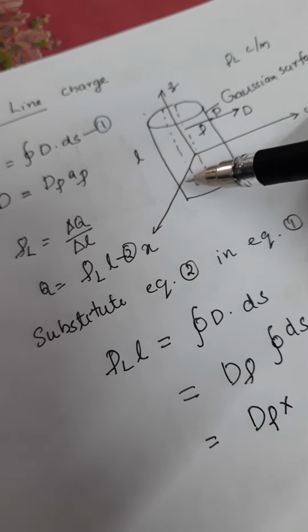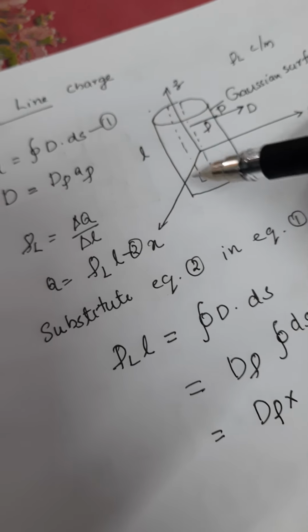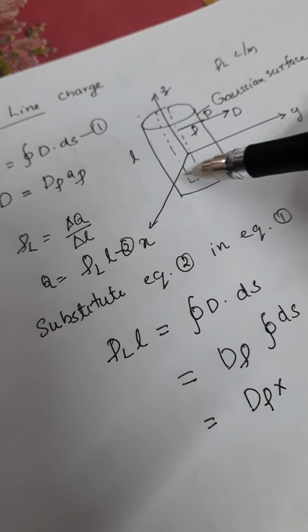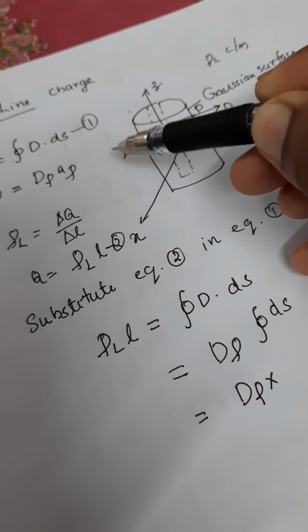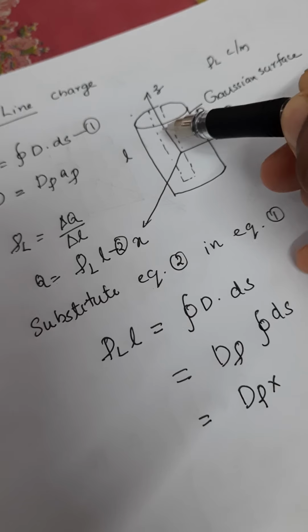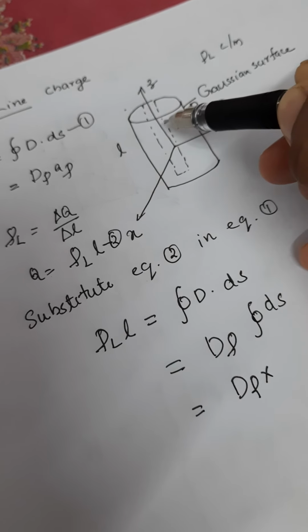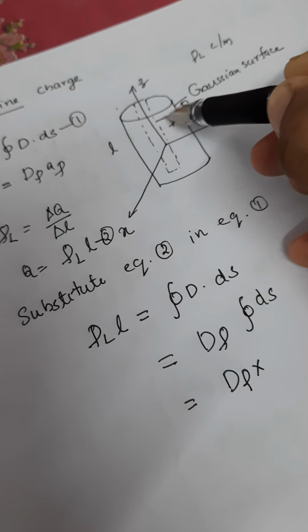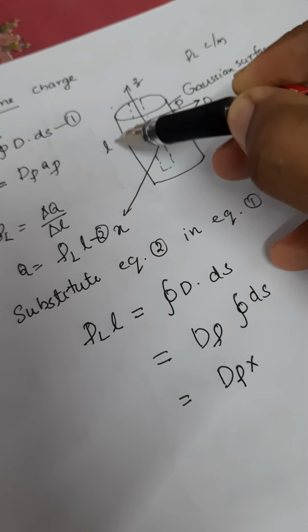Here we assumed the cylindrical surface as the Gaussian surface. Its length is L and its radius is rho, which is the same as the distance from the linear charge.